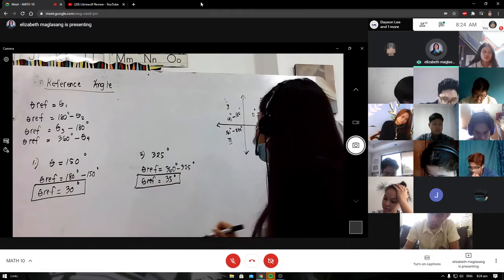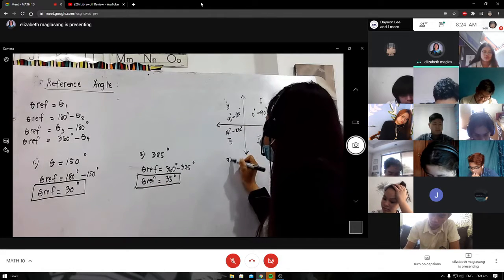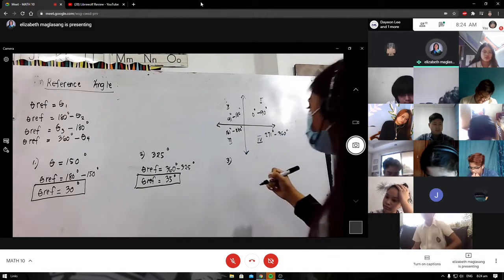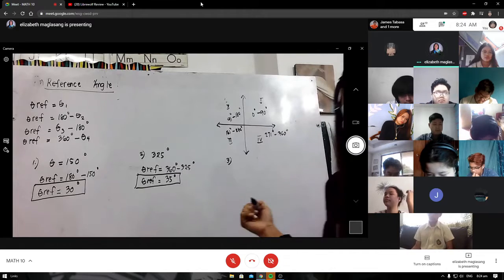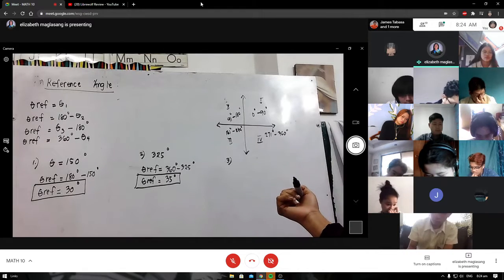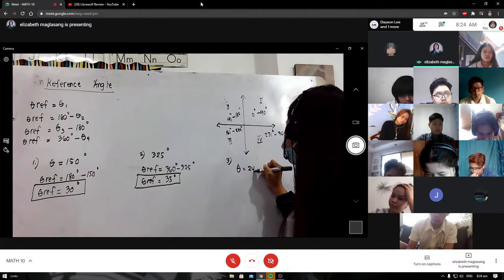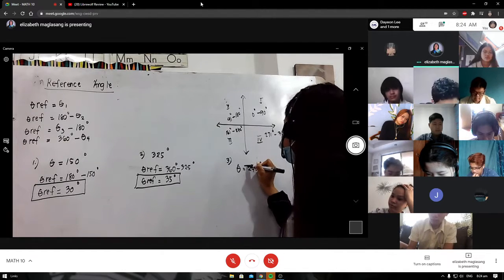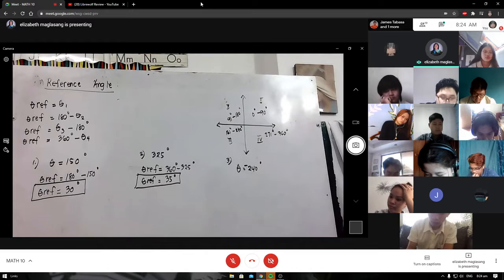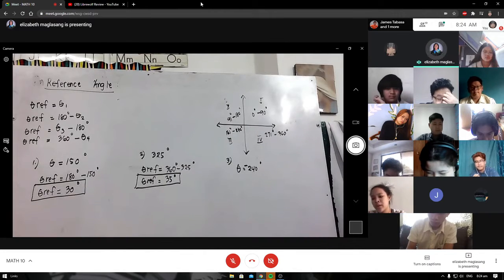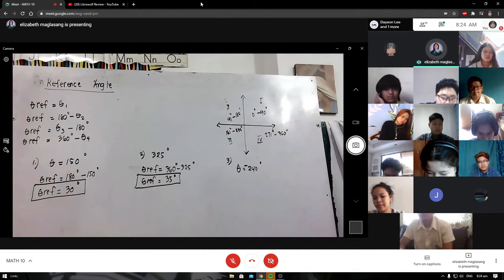What if your given angle is negative? Let's say negative 240 degrees. What are you going to do if the given is negative and you're going to find the reference angle?